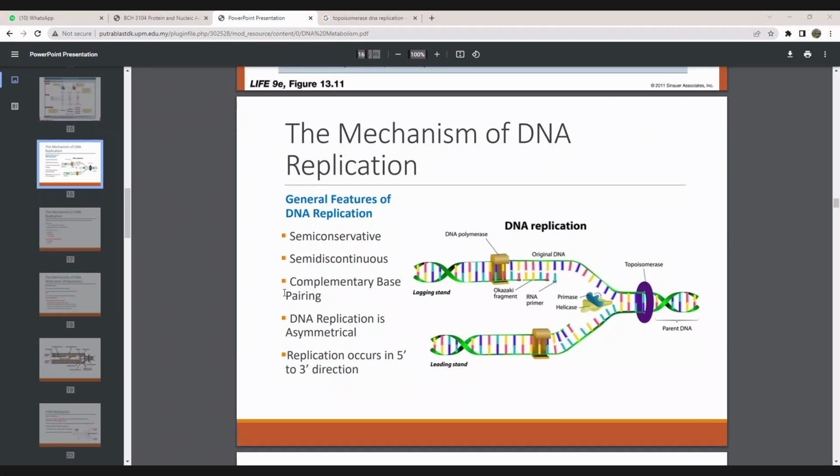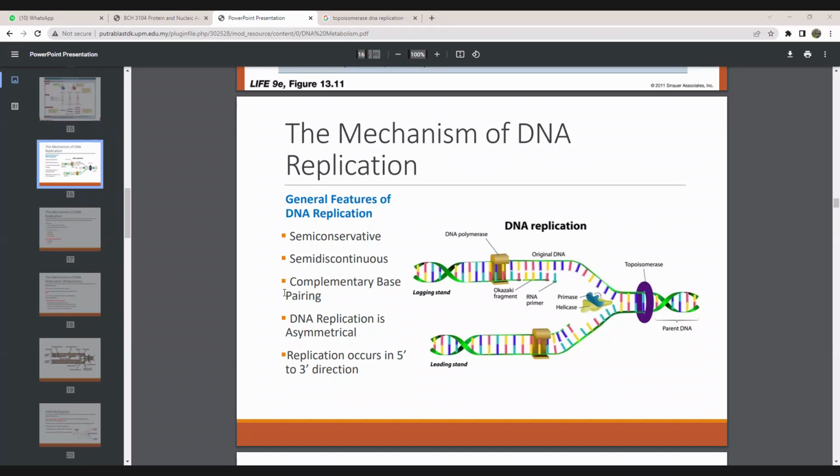Okay, DNA replication is asymmetrical. So what does it mean by asymmetrical? Anyone? Not symmetrical. Okay, so what does it mean by not symmetrical in terms of DNA sequence, in terms of the mechanism of DNA replication?